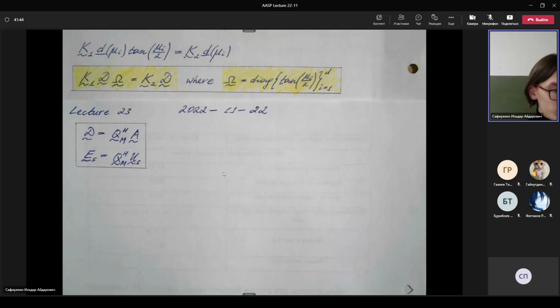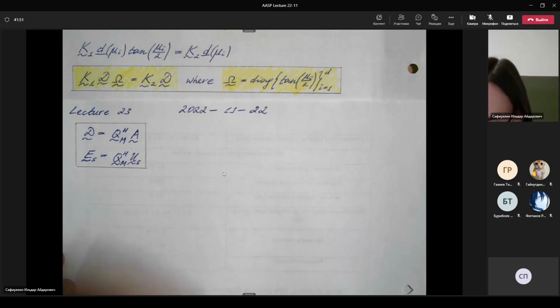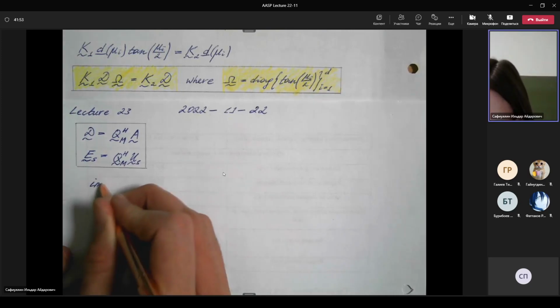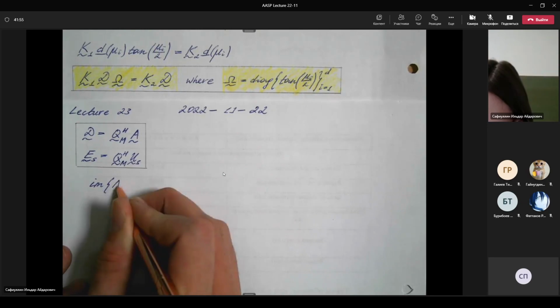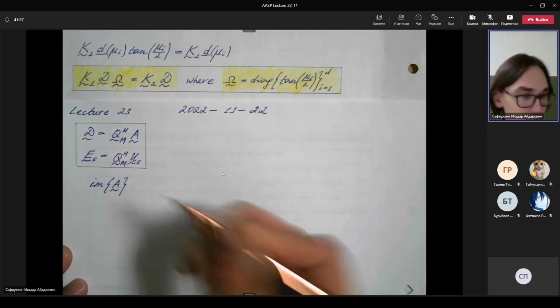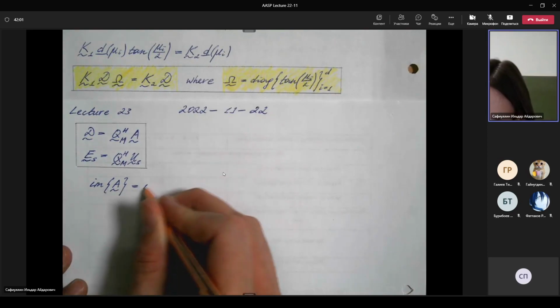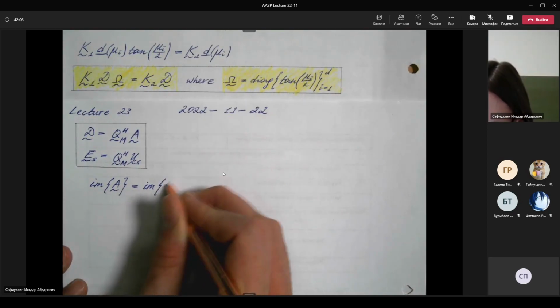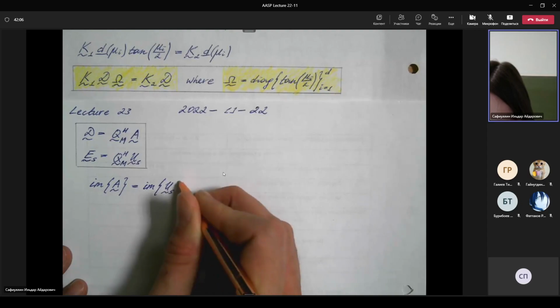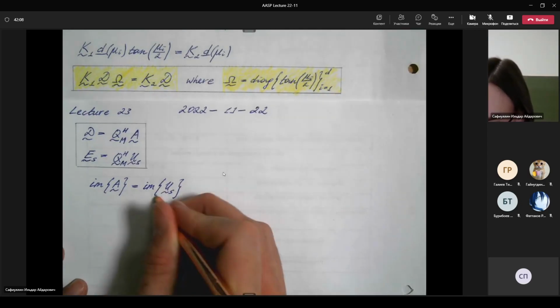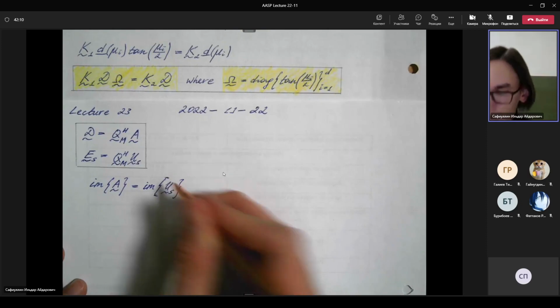Then we can write down that, as before, the signal subspace of the array steering matrix is equal to the signal subspace for our, let's say, sources.